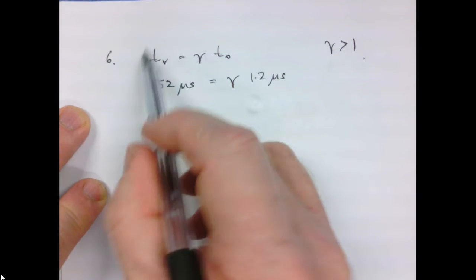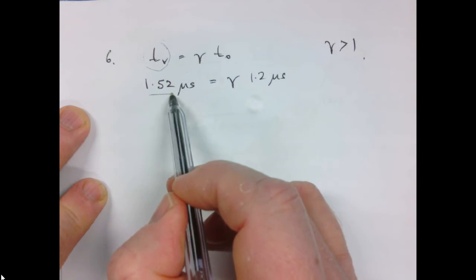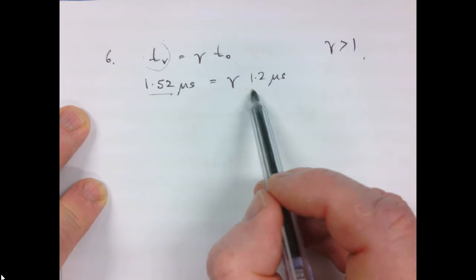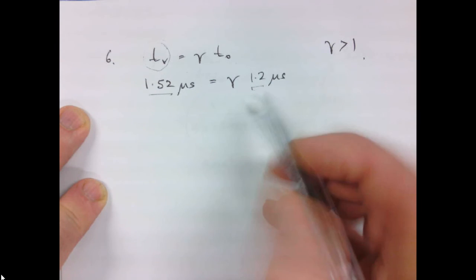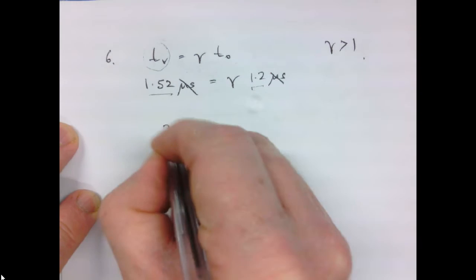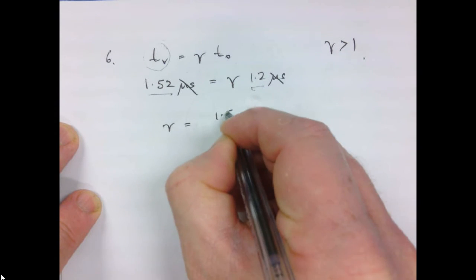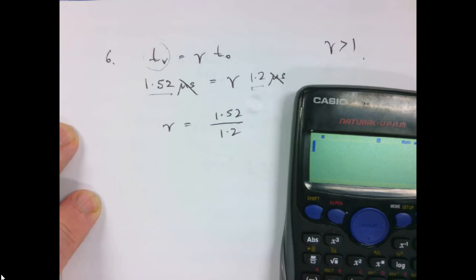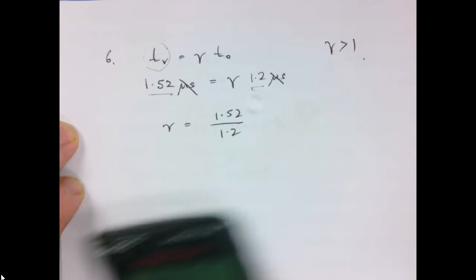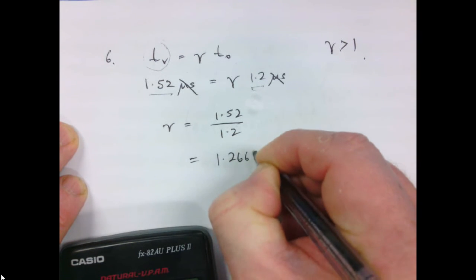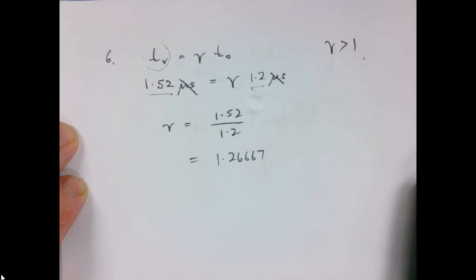So the dilated time is 1.52 in this question, and the non-dilated time, or proper time, is 1.2. The units have to be the same to cancel on both sides. So that gives us gamma equaling 1.52 on 1.2. 1.52 divided by 1.2 gives us 1.2666 recurring. I'll just put a few sevens there.